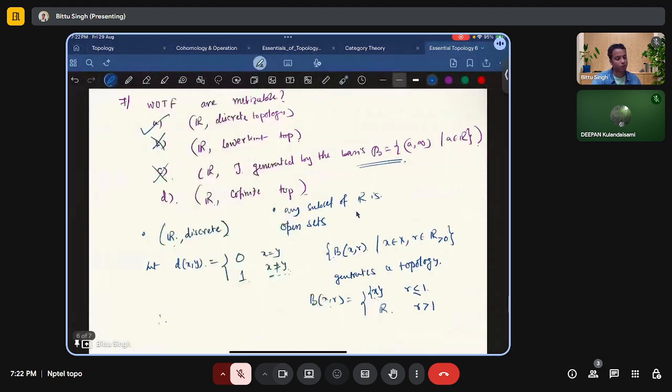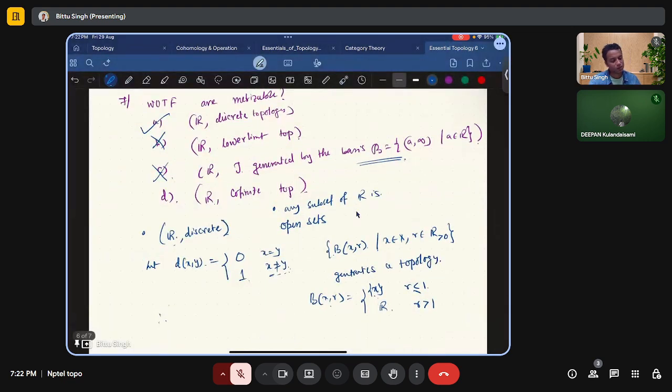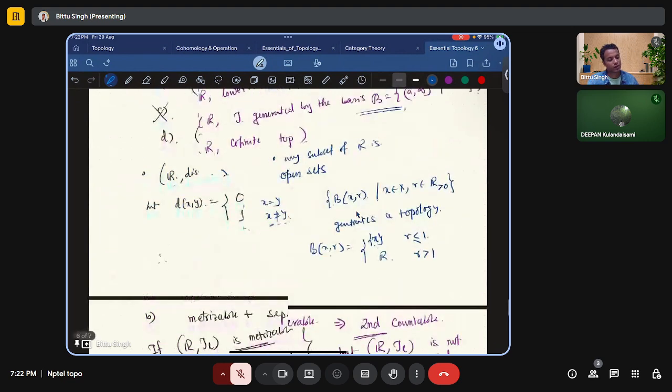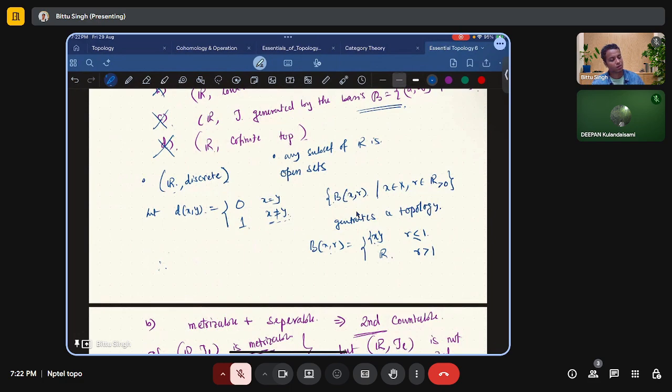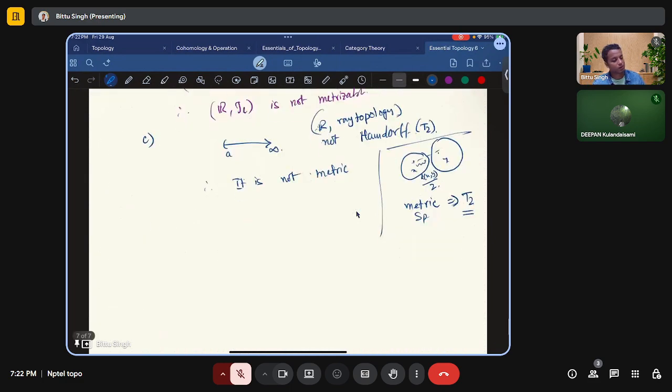Now, what about R with cofinite topology? We have already observed that a metric space will always imply first countability. So again by the same argument, R with cofinite is not metric, because metric implies first countable space.